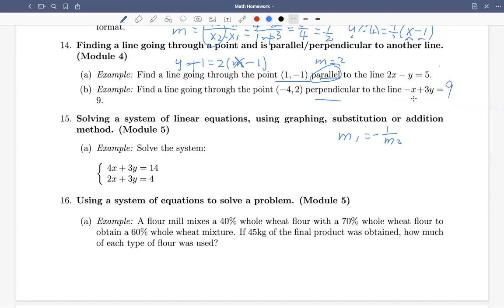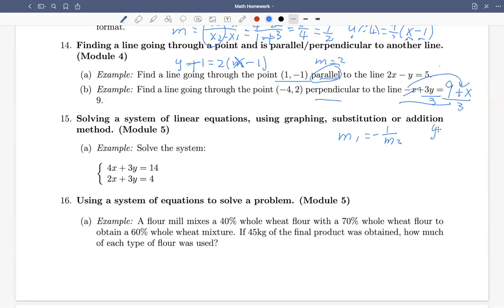Same thing, I need to find the slope from this given equation. So what do I do? I move negative x to the other side. It becomes positive x, right? So no more negative x on this side. Now 3y, I want 1y only. I need to divide by 3 on both sides.